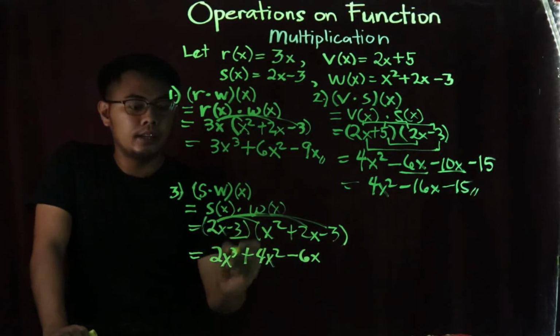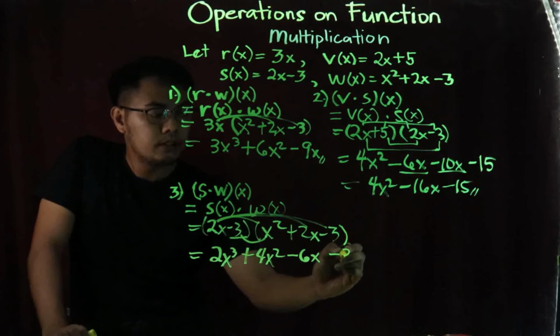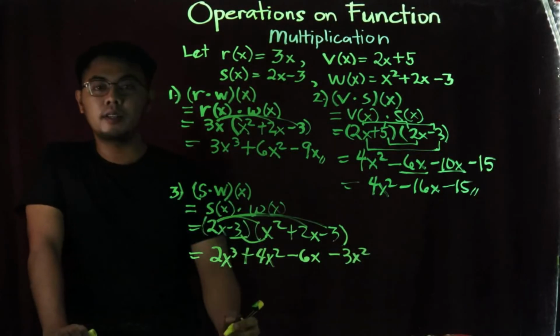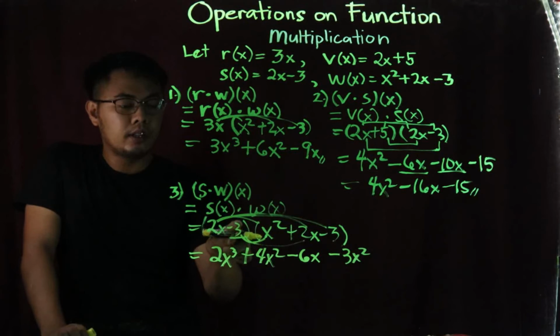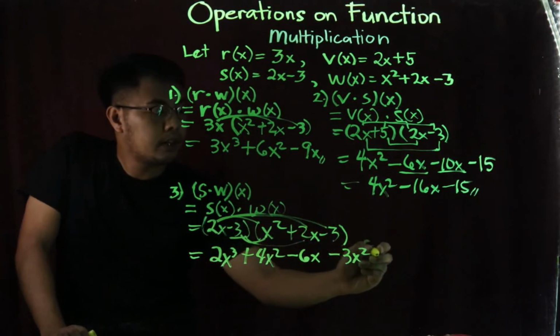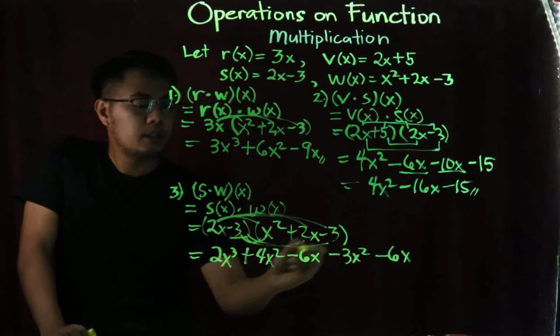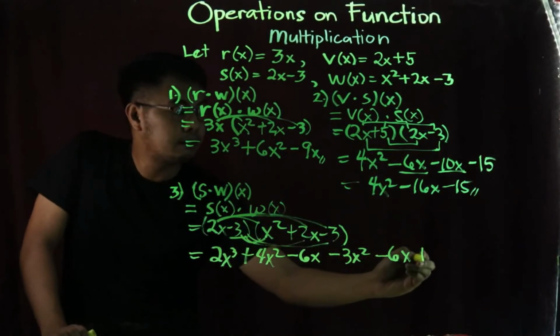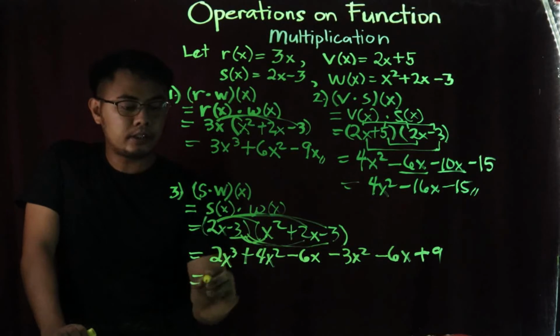Negative 3 naman. Negative 3 times x squared, that is negative 3x squared. Negative 3 times 2x, magiging negative 6x. Negative 3 times negative 3, magiging positive 9. Okay?